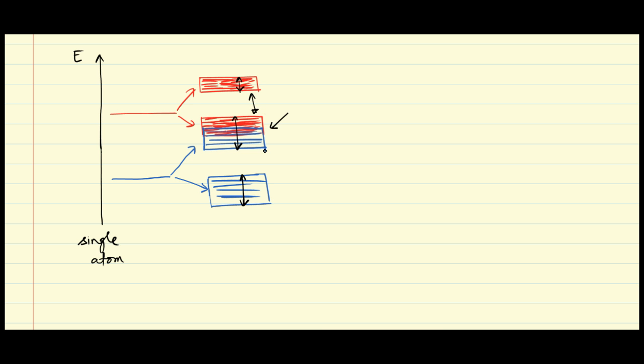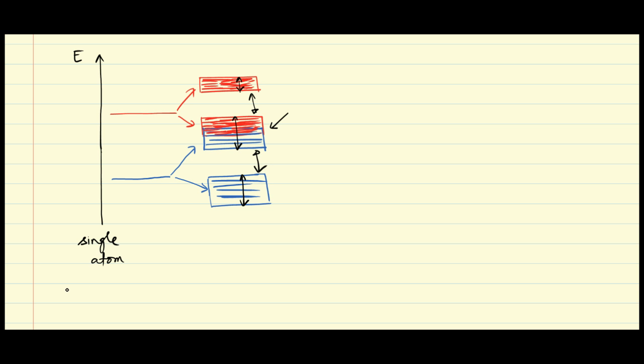So in this gap and in this gap. That's a proper picture of what sometimes happens in real life when energy bands are formed, when millions of atoms collect to form a crystal.